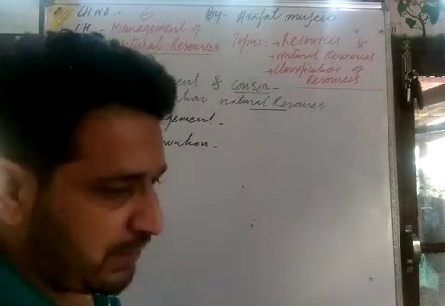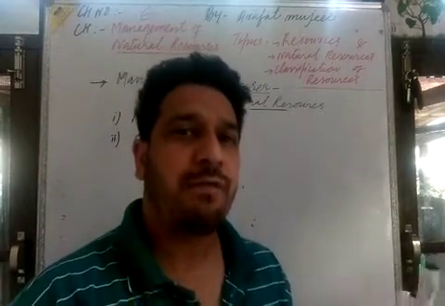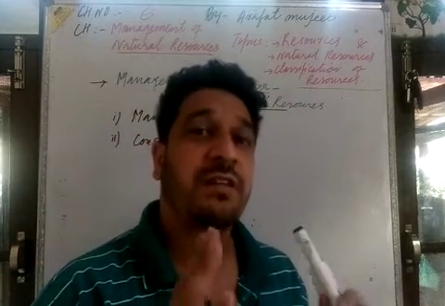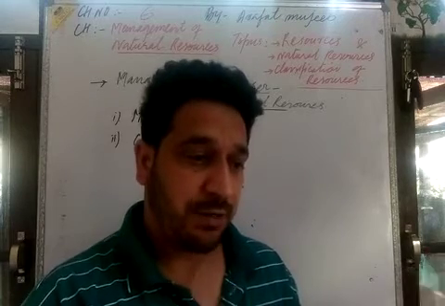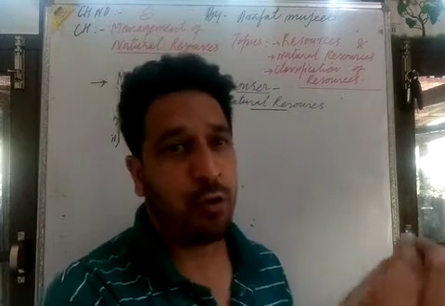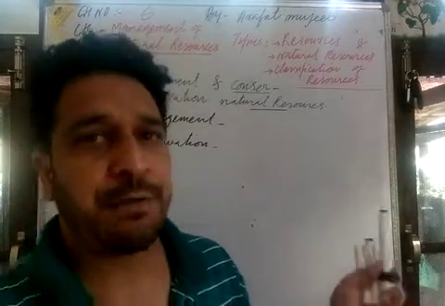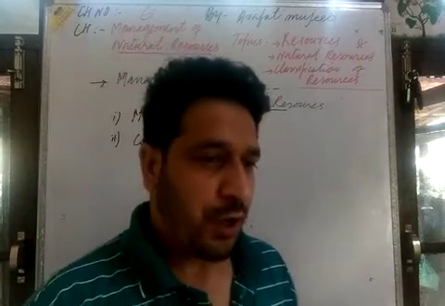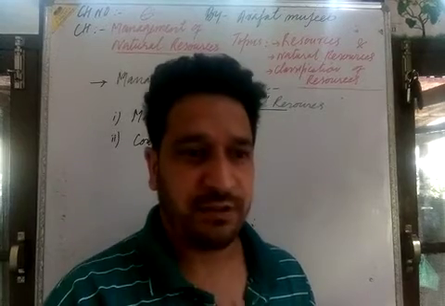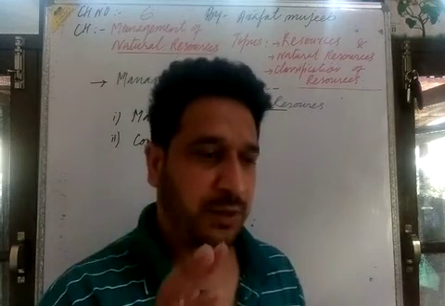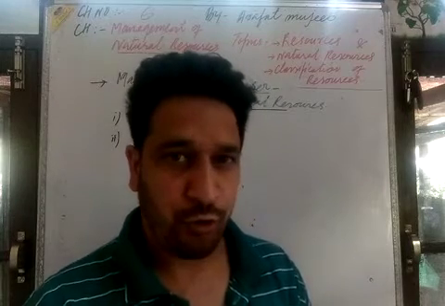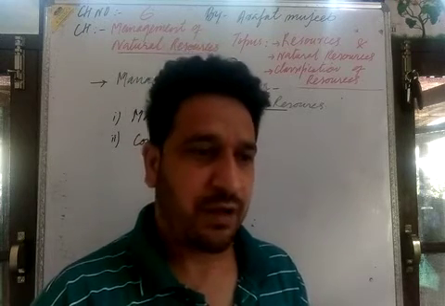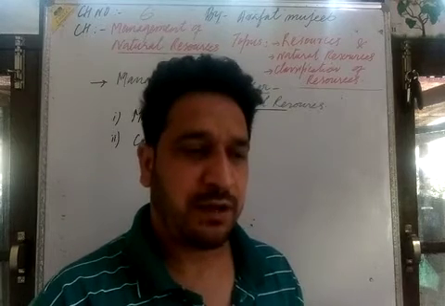First of all, what is management? It is the art of managing the natural resources with time when it is under one's command. Remember, when it is used in one command, in one direction, in one way; otherwise one resource is utilized in multiple ways. For example, coal is utilized in various ways and by various means: thermal power stations, domestic purposes, running industries and factories, making coal gas, making byproducts.